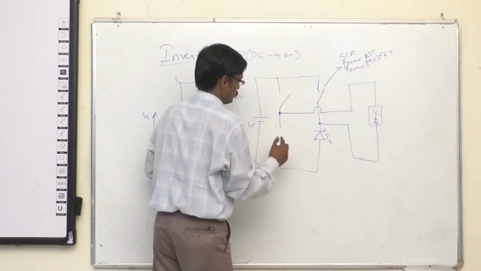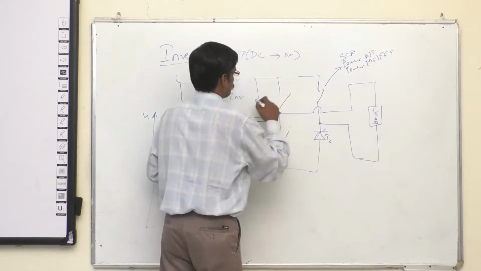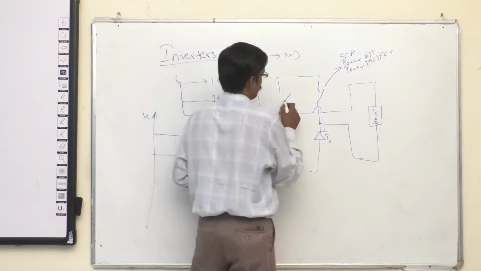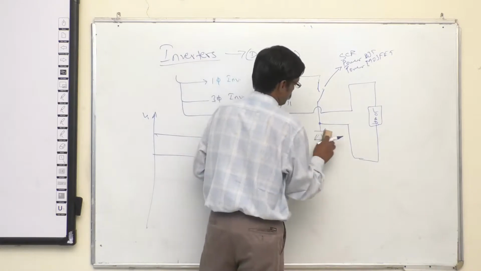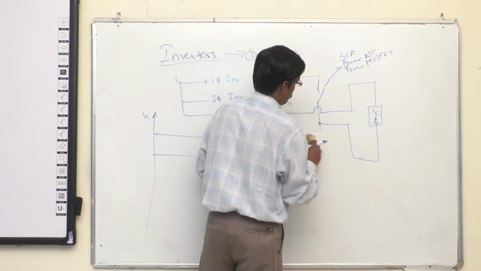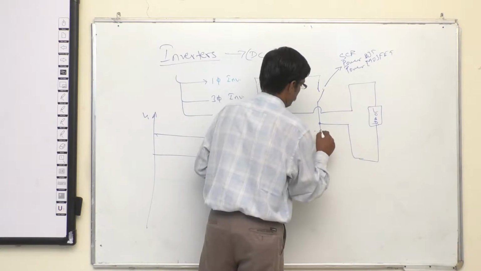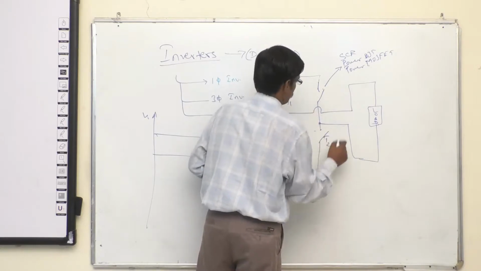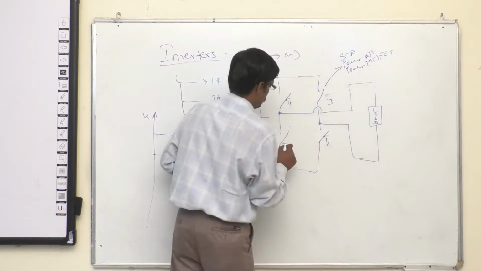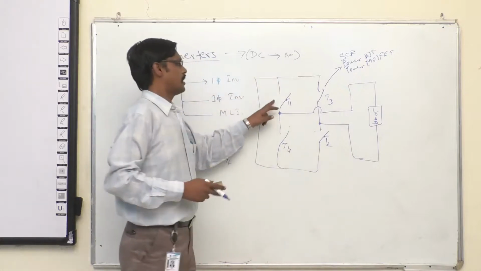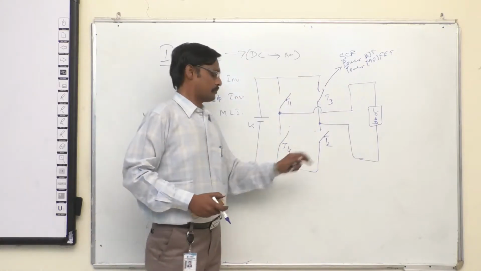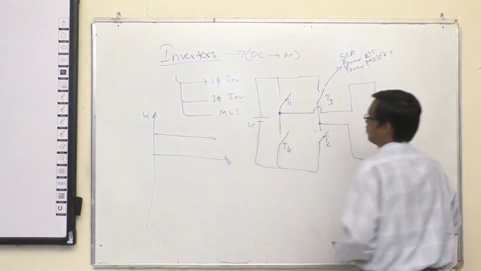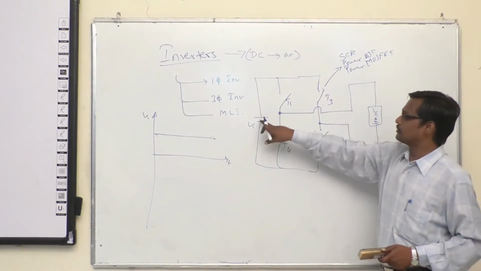The direction of the switch is very important here. While numbering these, odd numbers should be on the top and even numbers on the bottom. Like this, you have to make it.